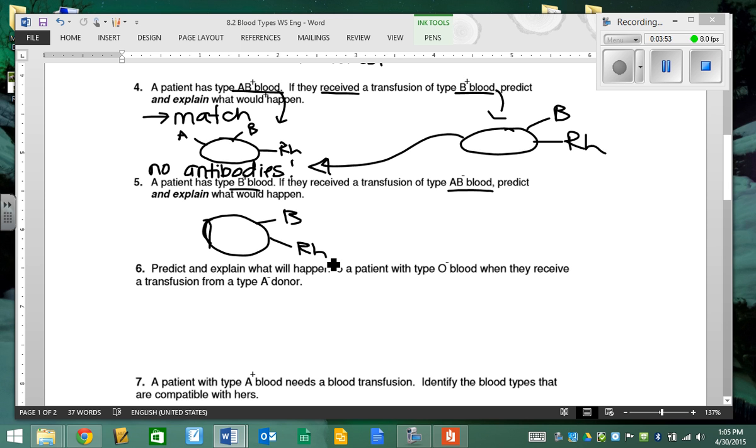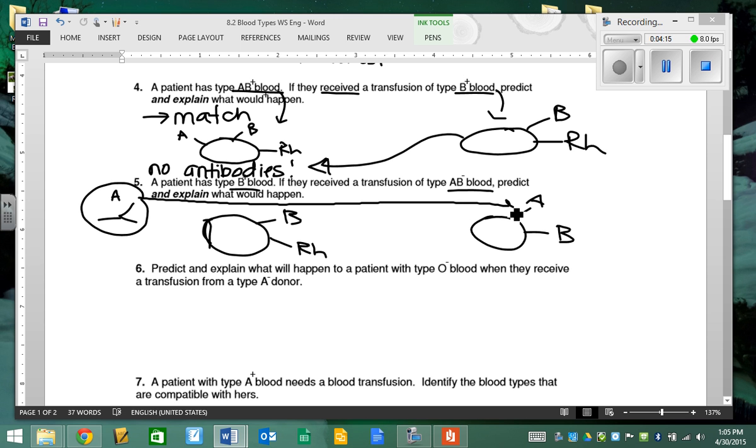They have B antigens and Rh antigens, and then they have A antibodies, because they don't have the A antigen. On AB blood, I have A and B antigens. Since it's negative, that's all I have. Since the person with B positive blood had that antibody, they are going to attack AB blood. So this is not a match. Agglutination would occur. The person could potentially die.